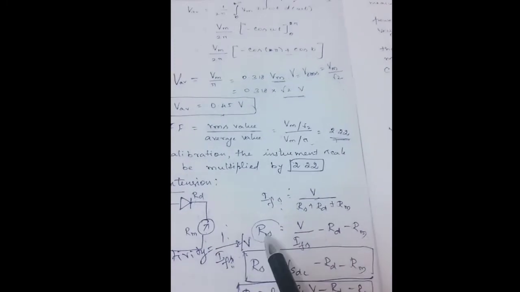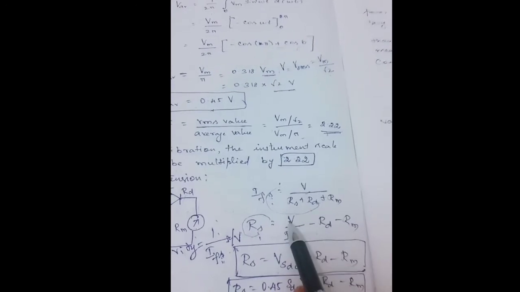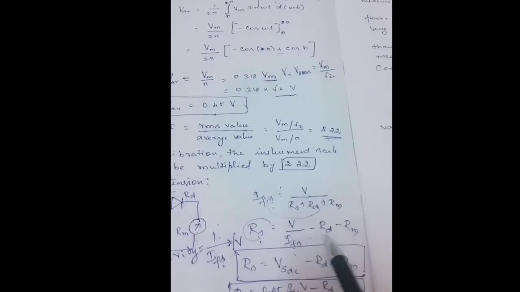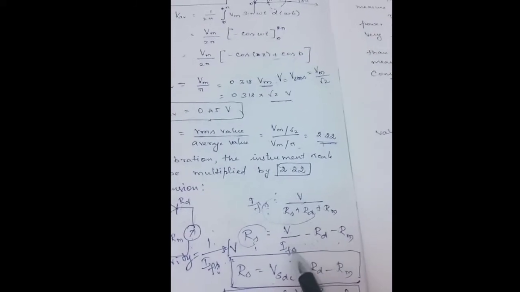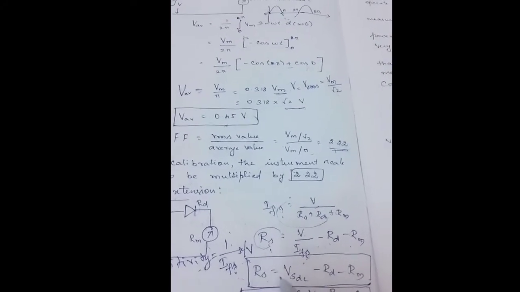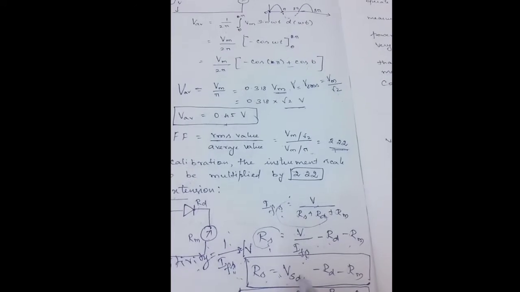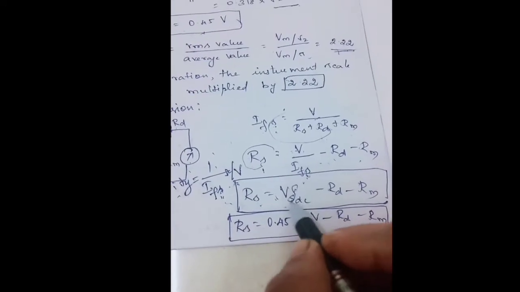To find the value of RS, we simplify this equation. So it is V by IFS minus RD minus RM. Here 1 by IFS is nothing but sensitivity. So RS equals V into SDC minus RD minus RM, where S is sensitivity.